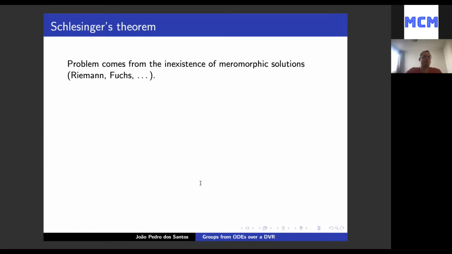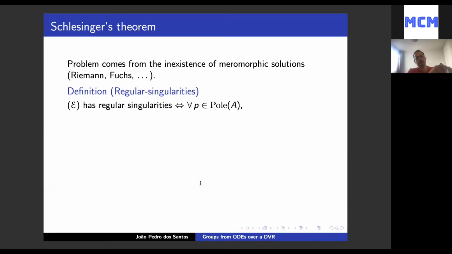This of course goes back to Fuchs and Riemann as well, in his most influential paper on the hypergeometric functions.